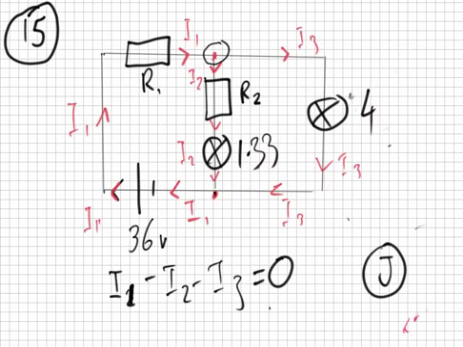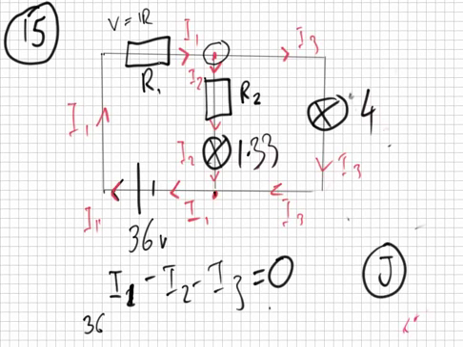Okay, now let's look at the loop rule. I will look firstly at this left loop here. So again, what do we start with? Start with the battery. So what's the voltage of the battery? 36. And then we go across. We lose voltage when we go through this resistor. V equals IR.